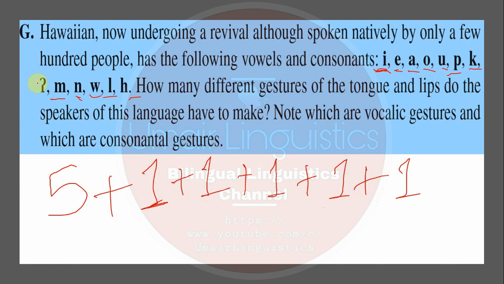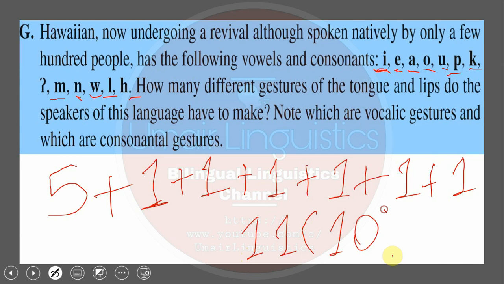But even if we include it, then it will be 11. So we can say 11 or 10. This language, Hawaiian, has 10 different positions of tongue and lips to produce all their language.